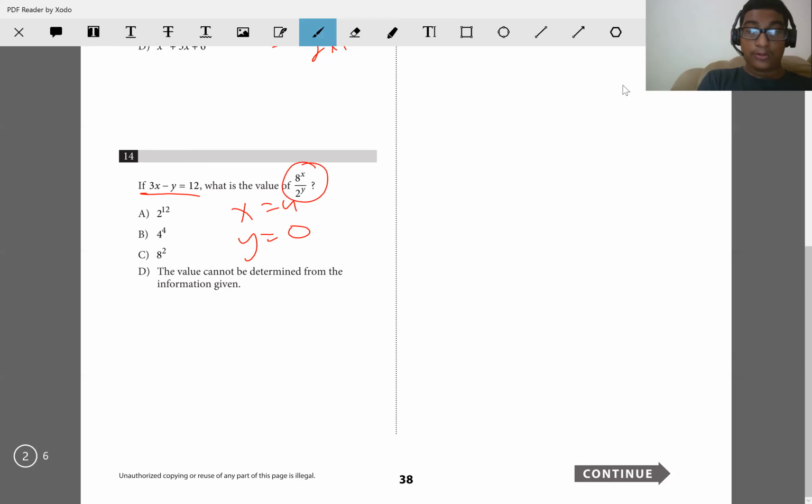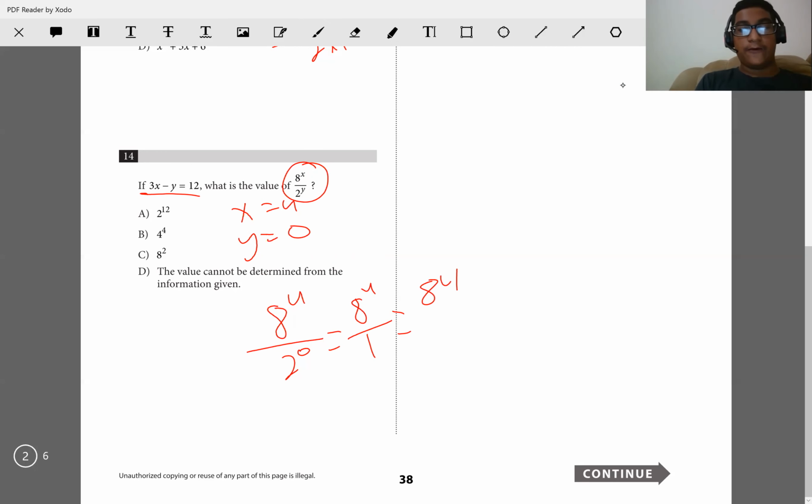So now what we can do is plug in the 4 and the 0 into this equation. That will give us 8 to the 4th power over 2 to the 0 power. And anything to the 0 power is just 1. So this just equals 8 to the 4th over 1, which is equal to 8 to the 4th. Now, none of these answer choices are 8 to the 4th power. So what should you do now?